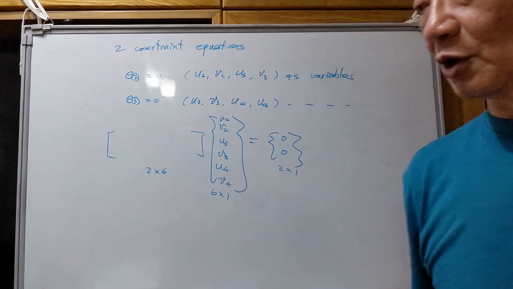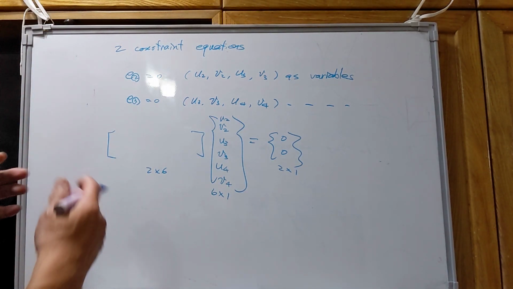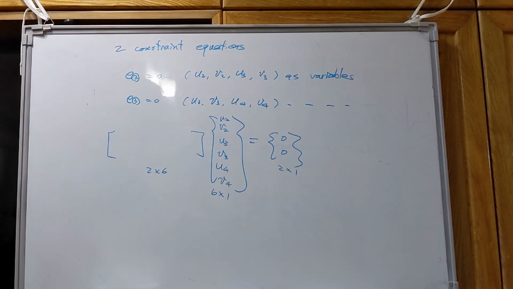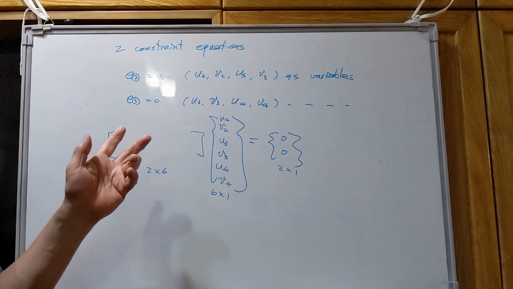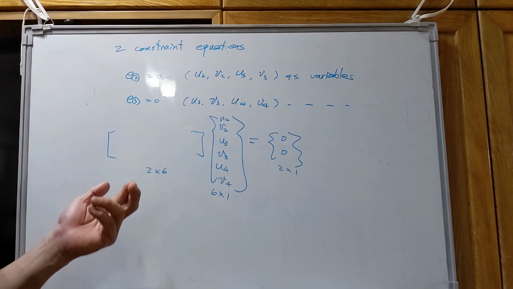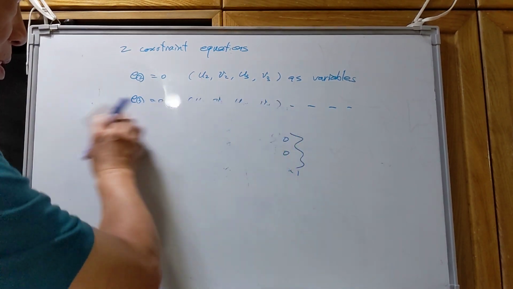And I will give you a homework, and you can practice how to formulate the constraint equations. If we neglect the axial deformations, how can we formulate the constraint equations?